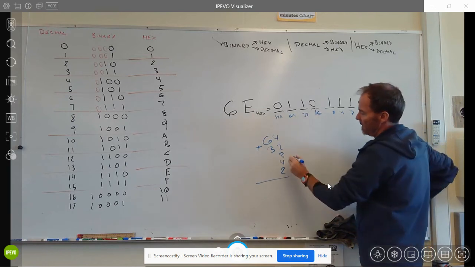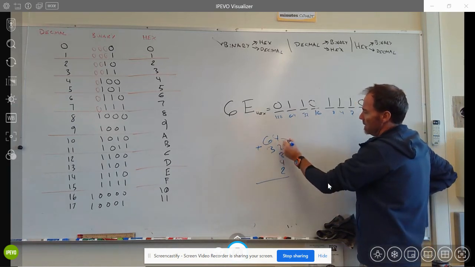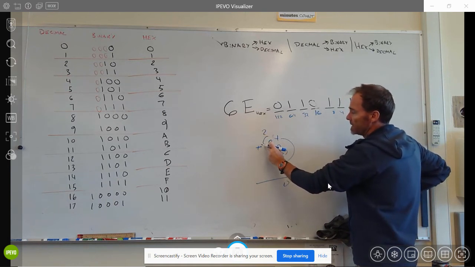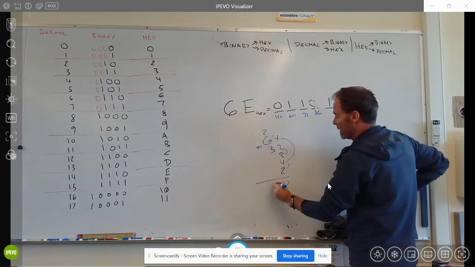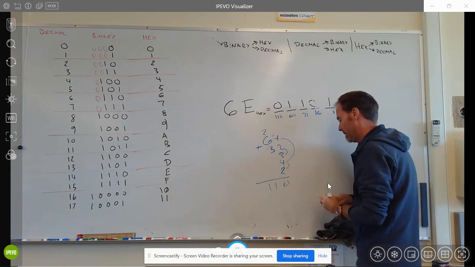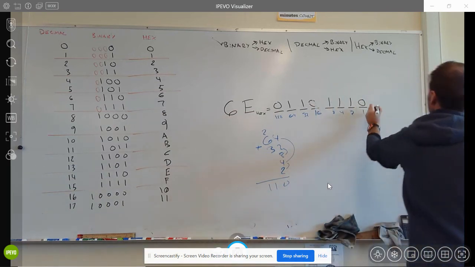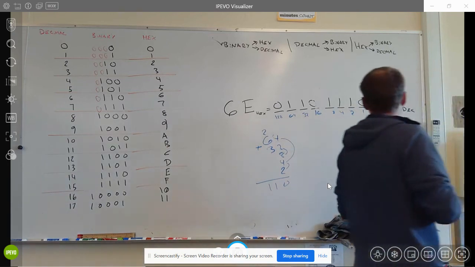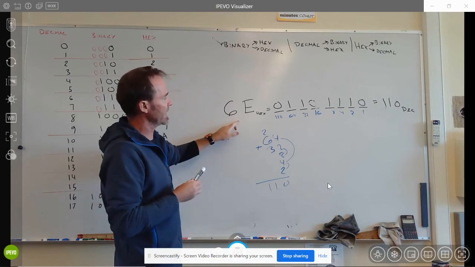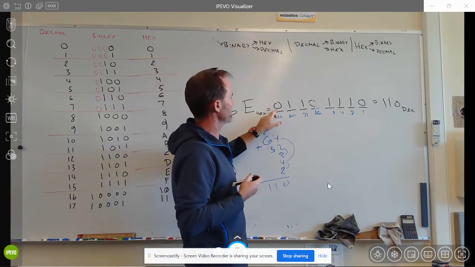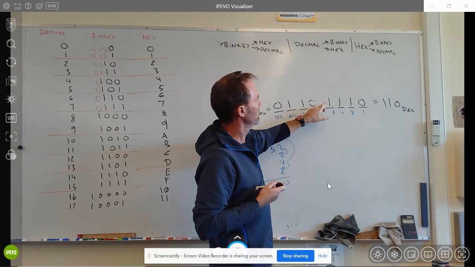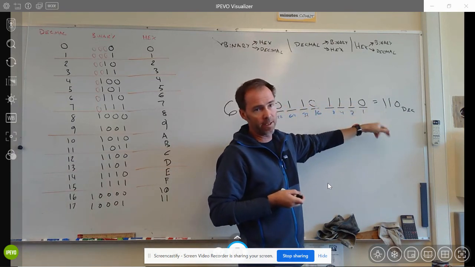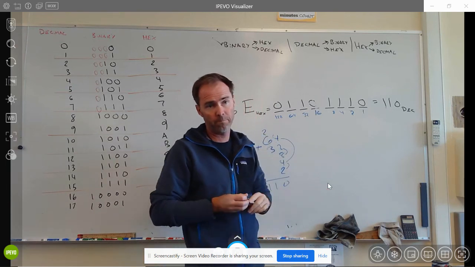So 8 and 2 is 10. 4 and 4 is 8, so 20. So 6, 7, 8, 9, 10, 11, so equal to 110. So 6E in hex, same as 0, 1, 1, 0, 1, 1, 1, 0 in binary, same as 110 in decimal of our number system.